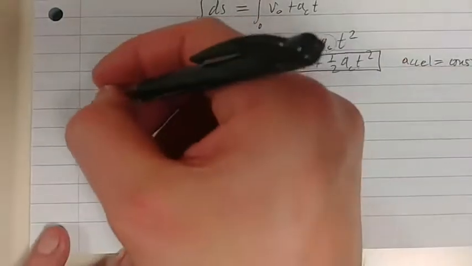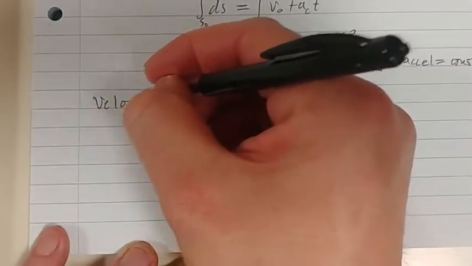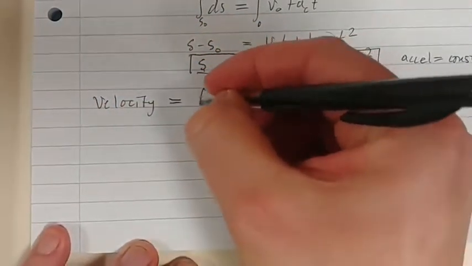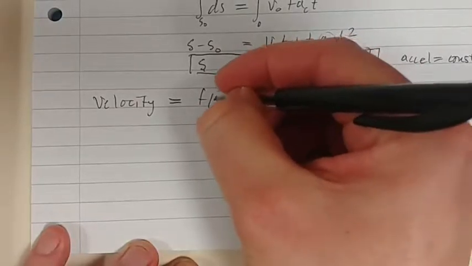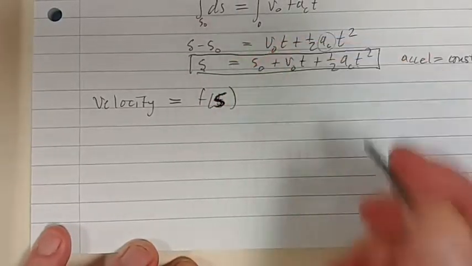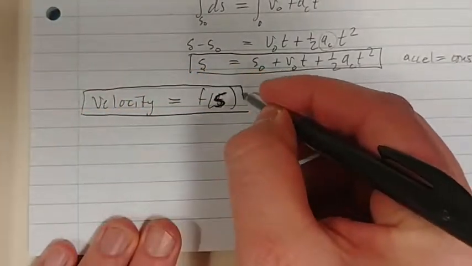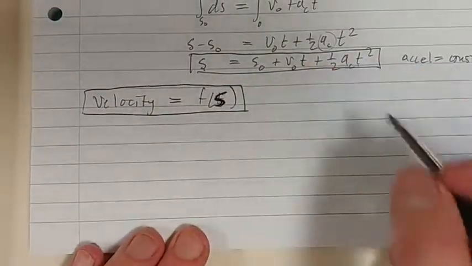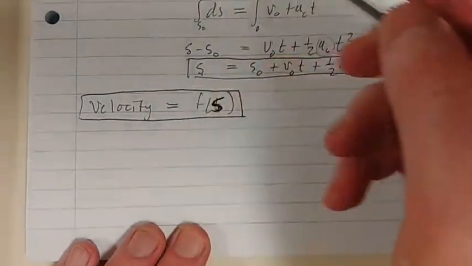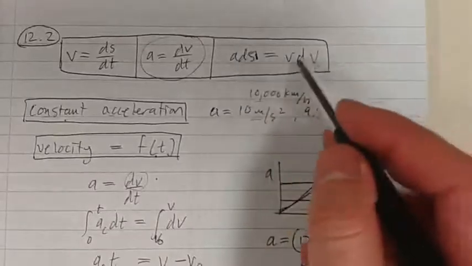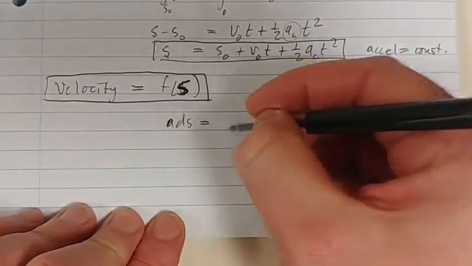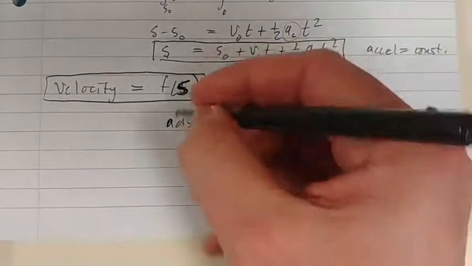Finally, we can obtain velocity as a function of position. What do we use? We can use this final equation, a ds = v dv.